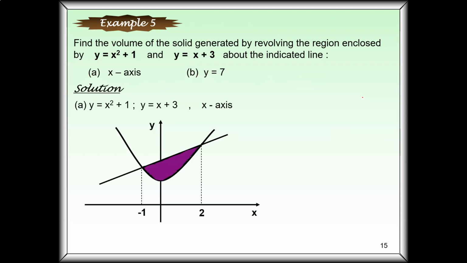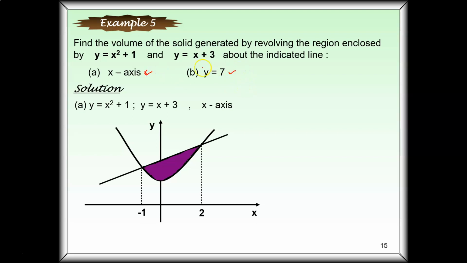Find the volume of the solid generated by revolving the region enclosed by y equal to x squared plus 1 and y equal to x plus 3 about the indicated line. So, sekarang dia minta you cari volume, revolve around x-axis atau revolve around a line y equal to 7.